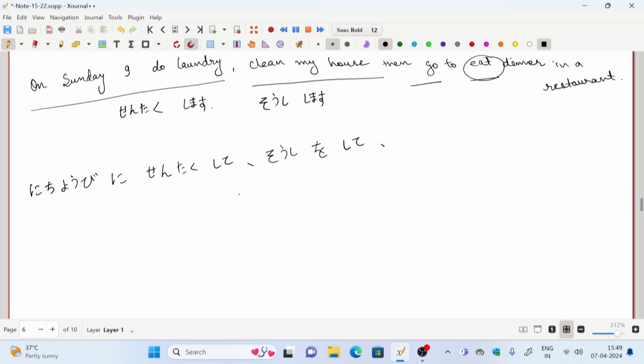Dinner is called ban gohan. Ban gohan o tabe ni. Tabemasu is the purpose, to eat. Tabe ni. So the ni particle is the purpose particle. Ban gohan o tabe ni restaurant e ikimasu.